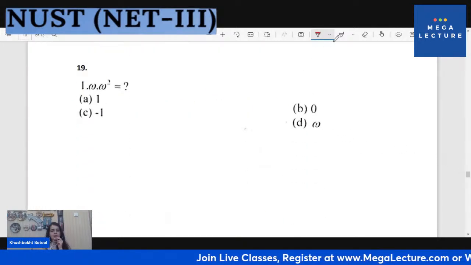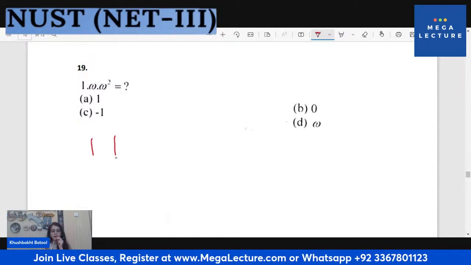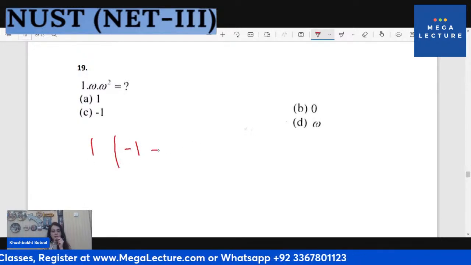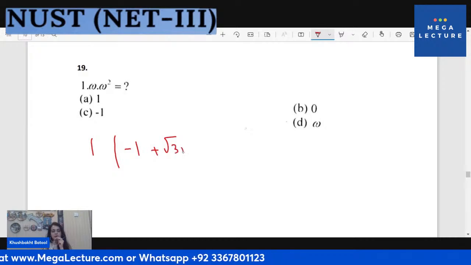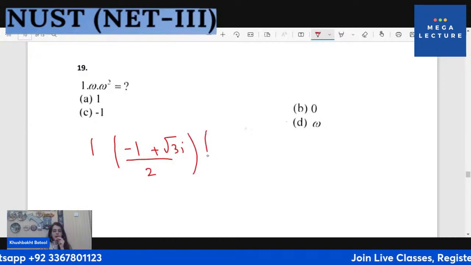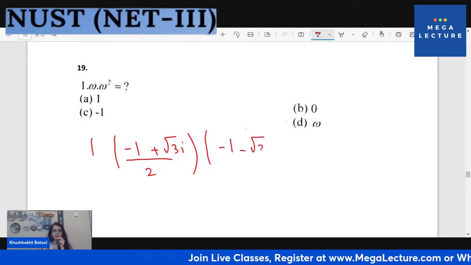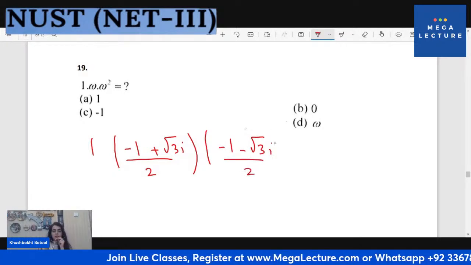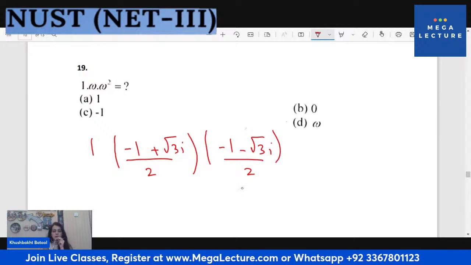Now again it's about the product, so let's do it quickly. It's 1 multiplied by minus 1 plus root 3 iota divided by 2, and then I'll multiply it with minus 1 minus root 3 iota by 2.